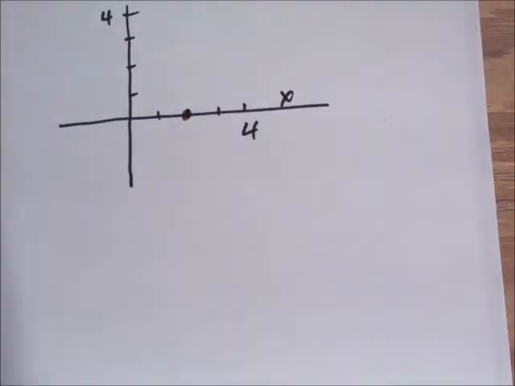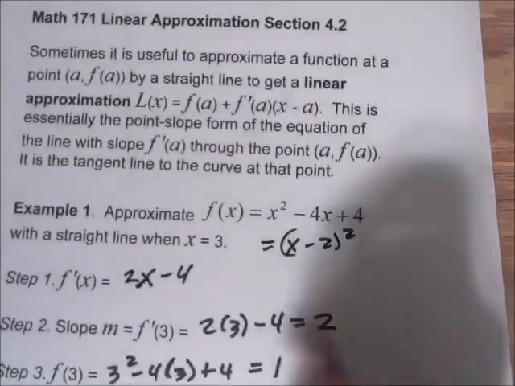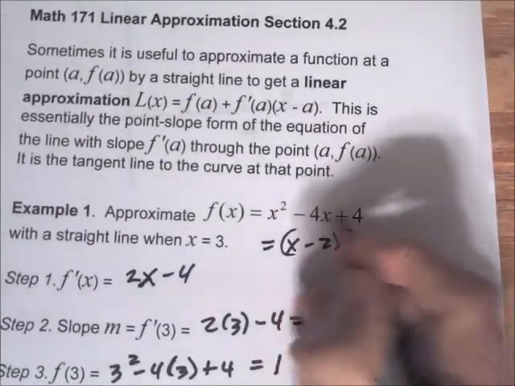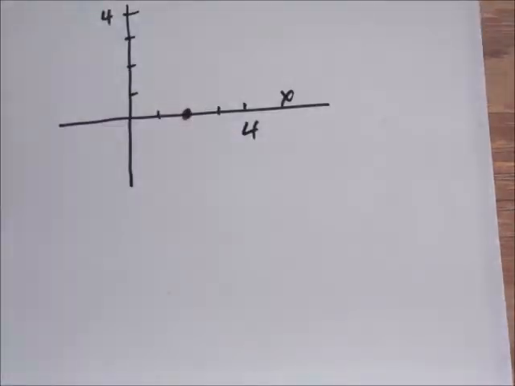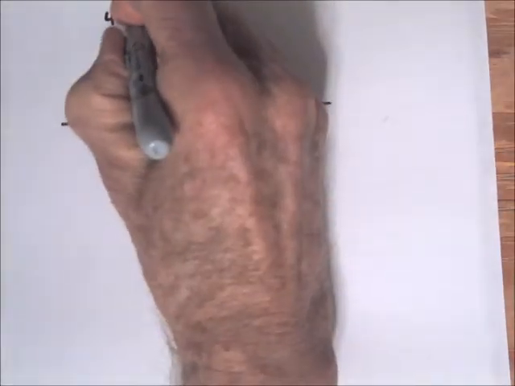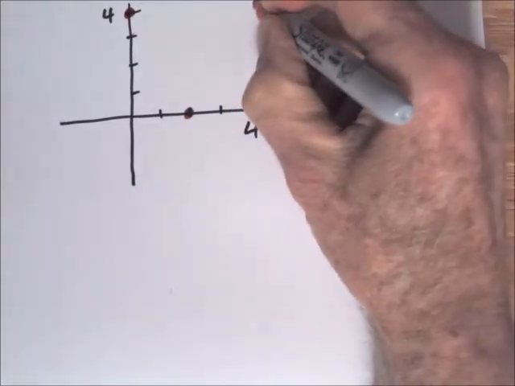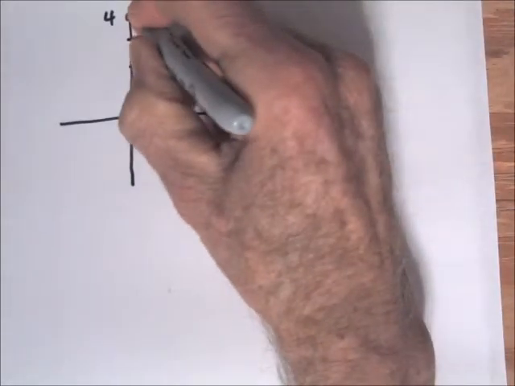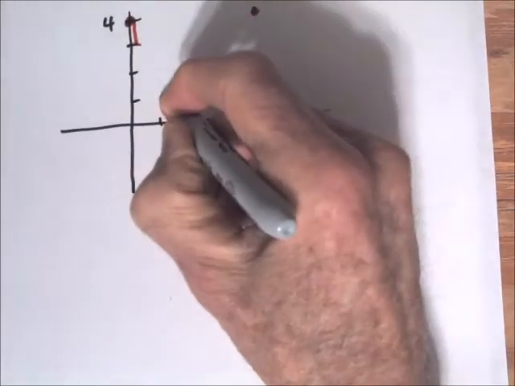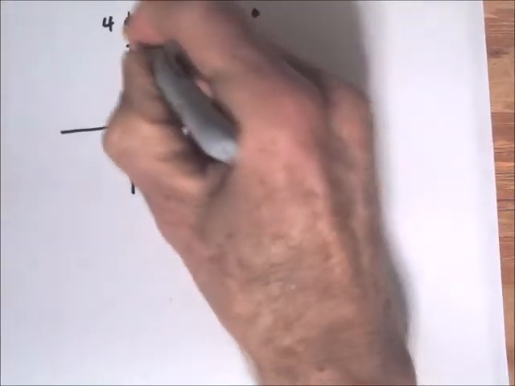If we put in 0, f of 0 is 4, and f of 4 is also equal to 4. And f of 3 should be at 1.